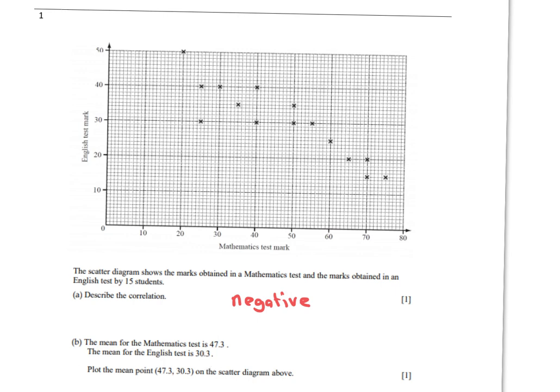To plot this point, 47 is 7 lines after 40, then go up till 30. This is the point.